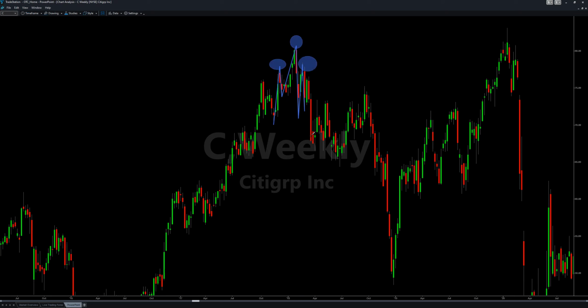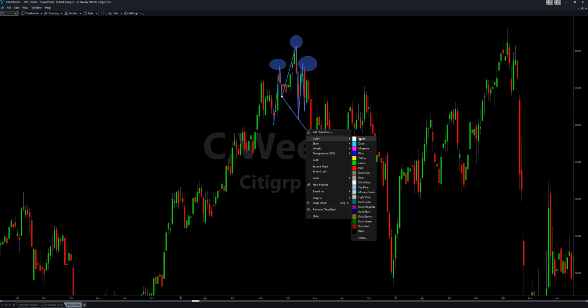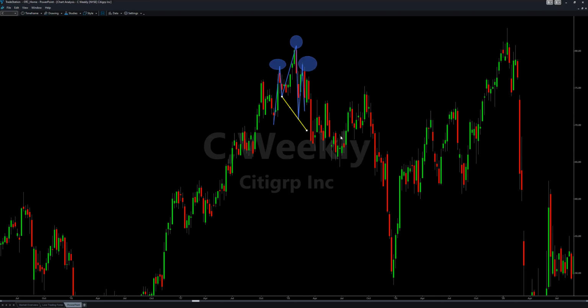The next step is to draw the neckline. We will connect both shoulder lows, that is from here to here. I use the color yellow here, like in the theory. That is my neckline. It's very important, right?